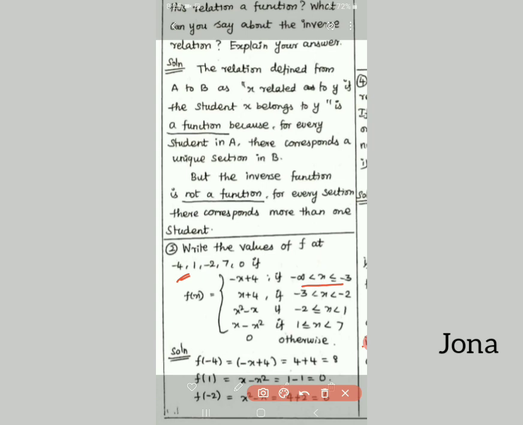So -4 belongs to this interval, and we take this function. So f of -4 equal to, instead of x I have to put -4. Minus of minus is +4, plus 4 equal to 8.